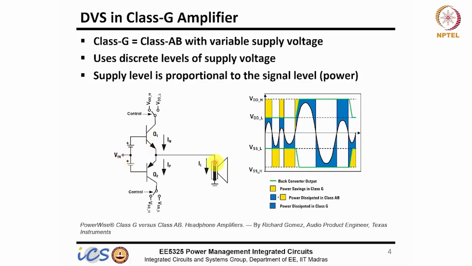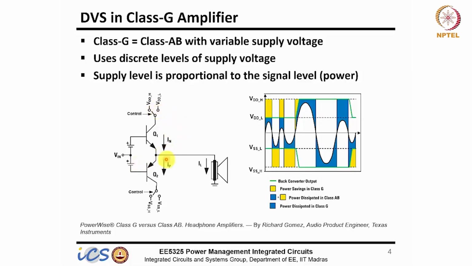Let's say this is an audio amplifier, so depending on the volume, your input will change. Let's say at lower volume, my input goes below 500 millivolt or so. Then when this is 1 volt, you need this supply to be more than 1 volt.